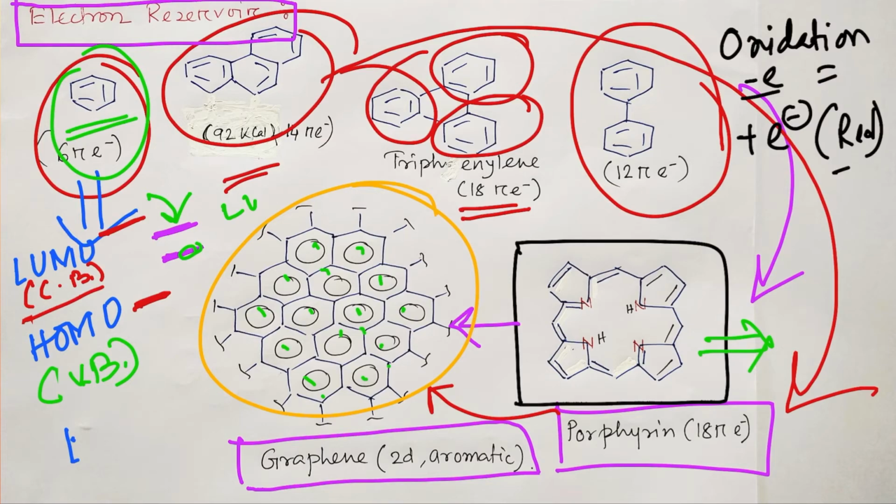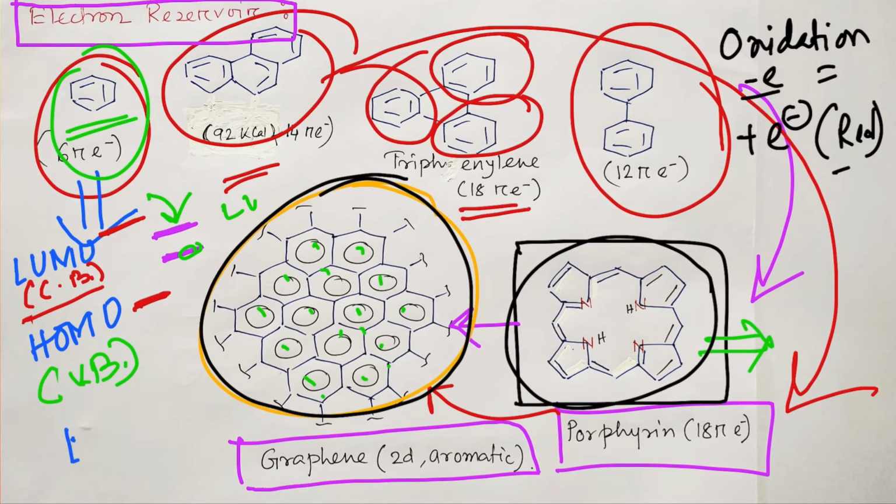Now the question is, if a molecule has so many electrons, and is conjugated like graphene or porphyrin, it can act as both oxidant as well as reducing agent, depending on the other chemicals present in the reaction medium. For example, a porphyrin iron complex: when the iron oxidizes, porphyrin helps to stabilize the electron-deficient iron.